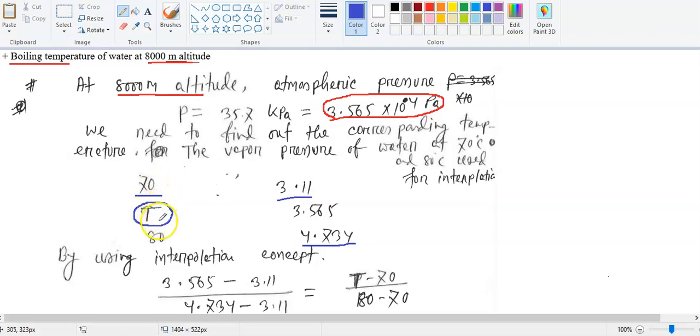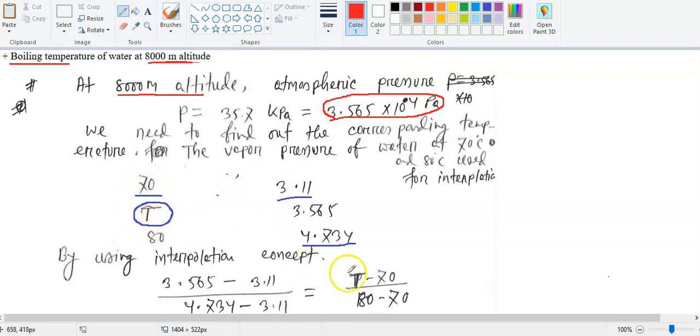Now when we don't know the exact values, what we usually do is some interpolation. So now we will do some interpolation. I already have one video on my channel, so you will see how to do the interpolation. But the simple thing is, when you do the interpolation, say this is the left hand side.